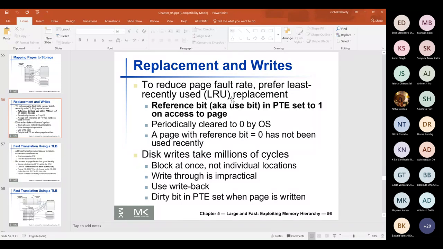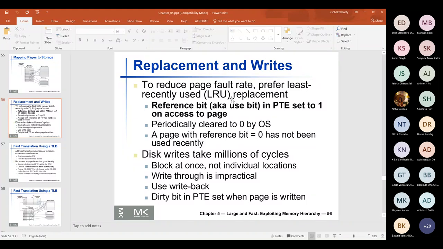Maintaining time is very, very difficult. In fact, entire PhD theses and books have been written on how to approximate the LRU algorithm practically in practical computers. You will study some of those later on in your operating system course. There are some very clever schemes, some very strange schemes, etc. However, an extreme simplification of this is something called a reference bit.